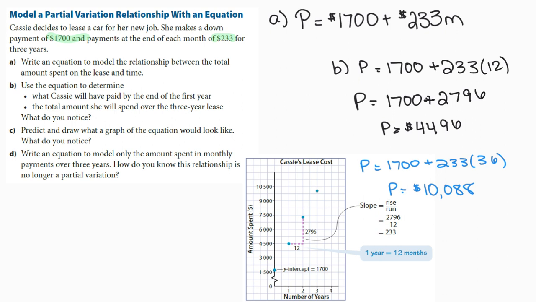So it's 0 years, which was the original 1,700 she paid, and then what she paid every year, which would be 233 times 12, whatever that would be. Okay, so what do you notice? Things you could notice, you might notice that the y-intercept is the same as the initial value, which is 1,700. You could see that the slope is the same as the rate of change, which is 233.